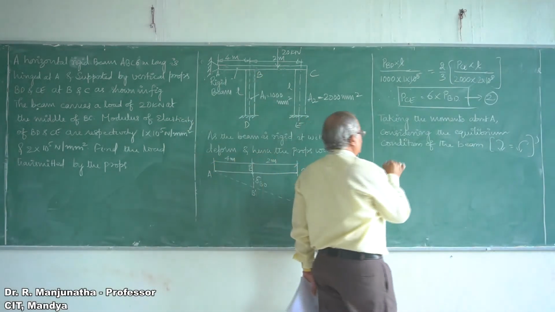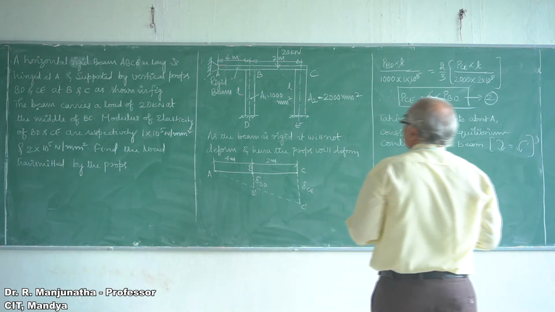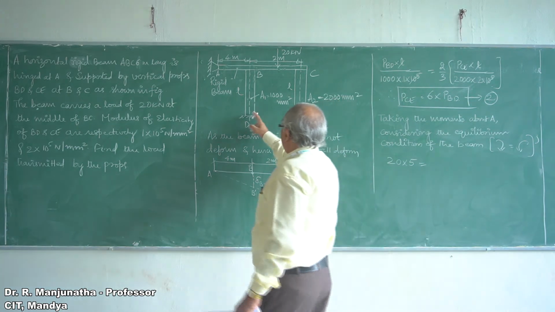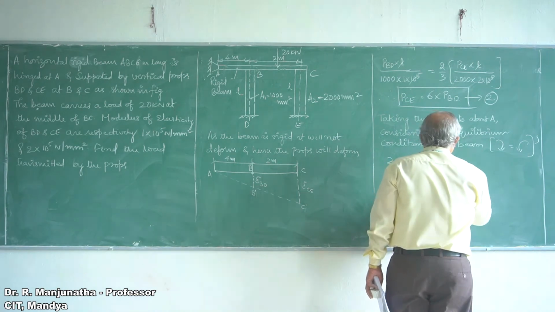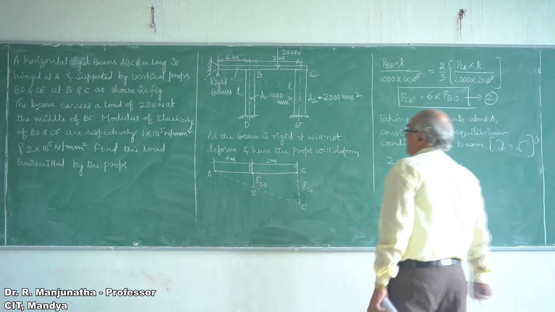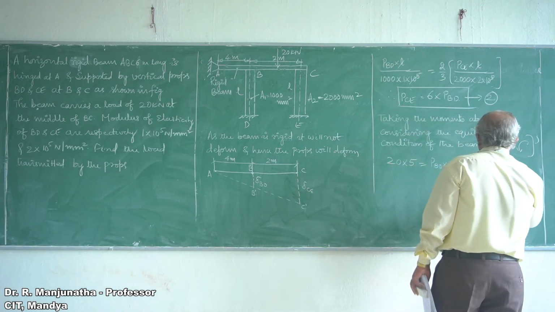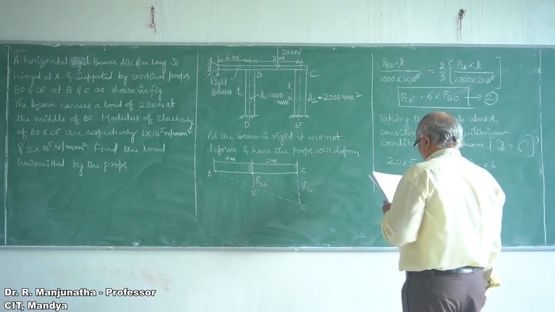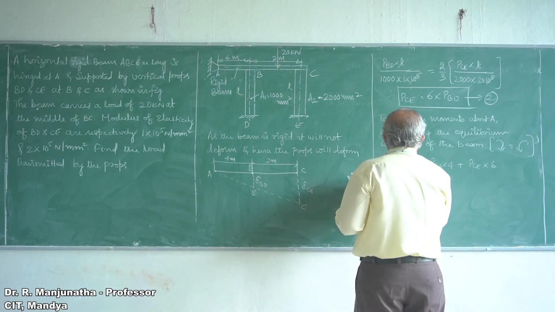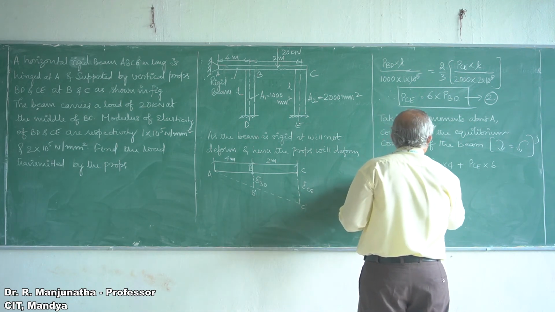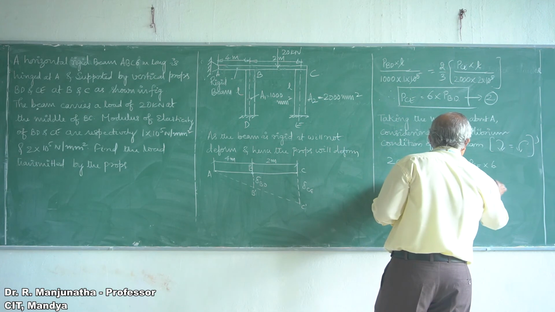So 20 into 5, the clockwise moment, will be equal to the anti-clockwise moment, PBD into 4 plus PCE into 6. Now 20 into 5 is 100, minus 4 PBD minus 6 PCE equals 0.